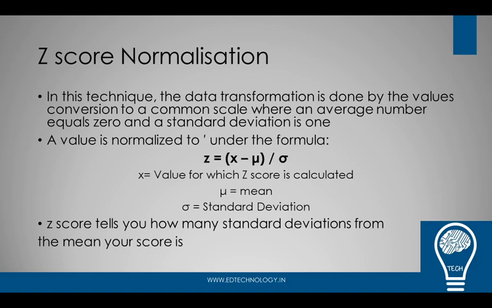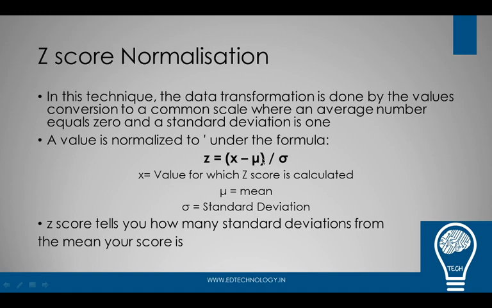In a general scenario there will be some values given. x is the value for which the z score is to be calculated, and z score is what we will get in the end. This familiar symbol is mu, which stands for mean. In some cases the mean would be given, and if it is not given it is very easy: the mean is the total of all the values divided by the number of values.